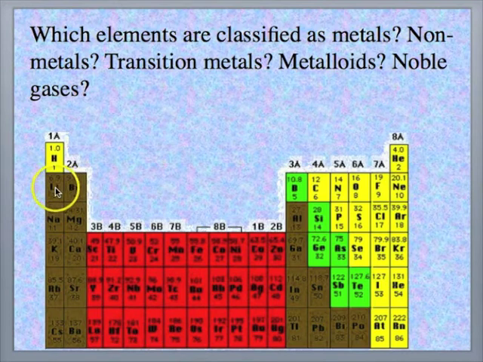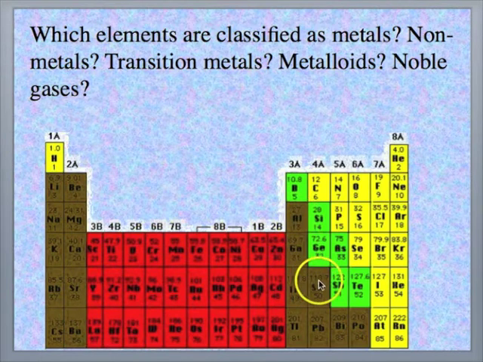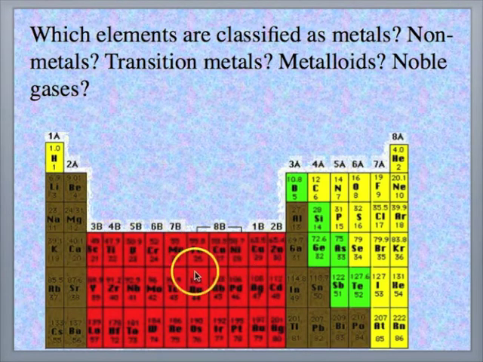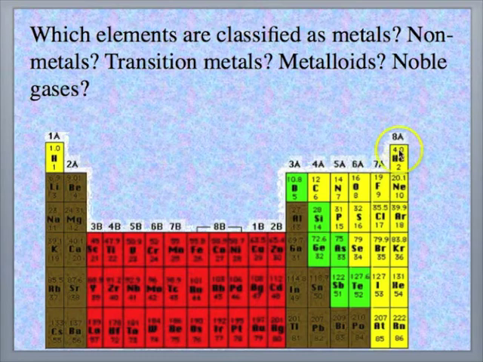The elements in brown here, in the first 2 columns, and then over here in a stepwise fashion, are the metals. The nonmetals are in yellow here, as well as hydrogen. The transition metals are in red. The noble gases are the very last column in the periodic table.